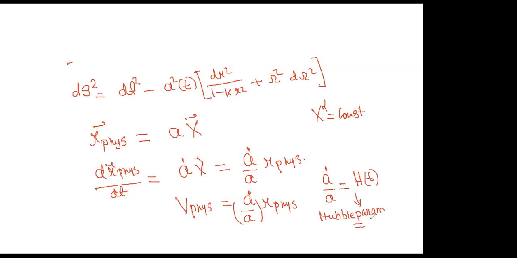So my physical velocity is the Hubble parameter into r physical. This, in a sense, is the Hubble law: the velocity with which the galaxies are going away from each other is proportional to the distance between them.